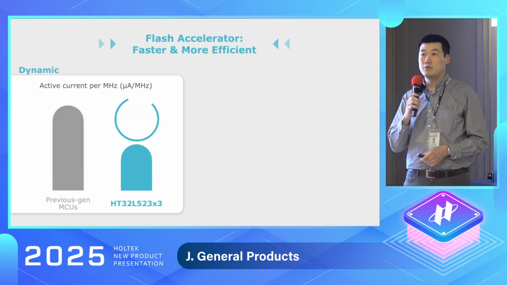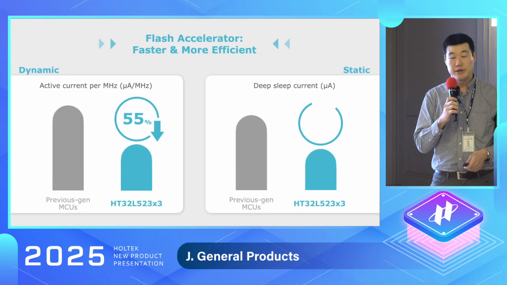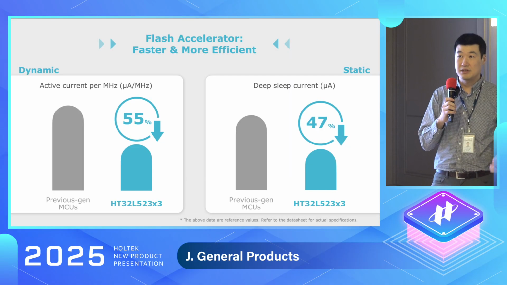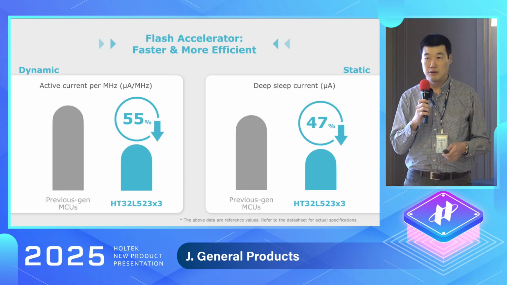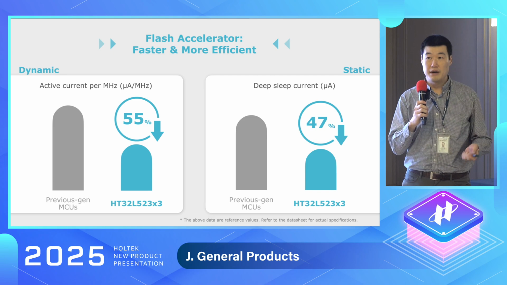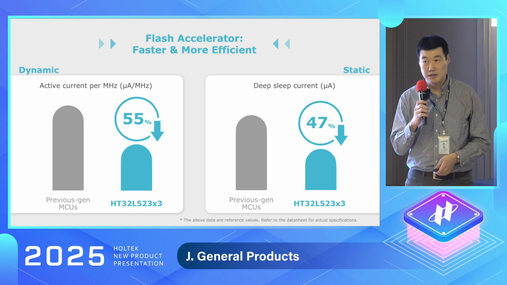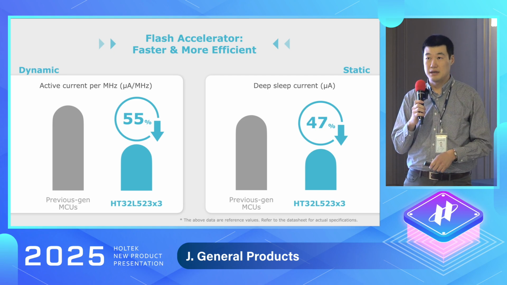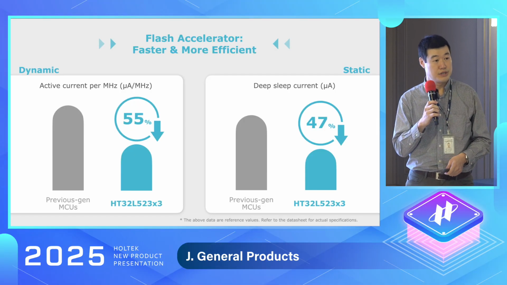For the new product, we use flash accelerate. It delivers faster and more efficient result. If we talk about active current per megahertz, our new product has a 55% lower than previous generation.